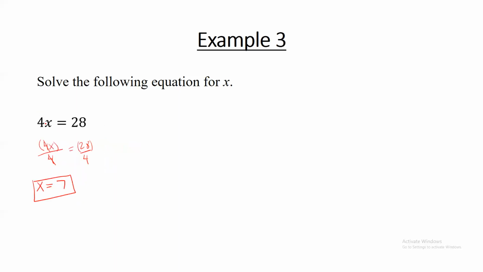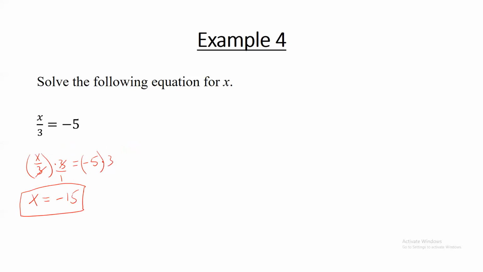Or here we said x equals 7. That means 4 times 7 is 28, and it is. Or in the last problem, if x is negative 15, if we plug that in for x, well, is negative 15 divided by 3 negative 5?